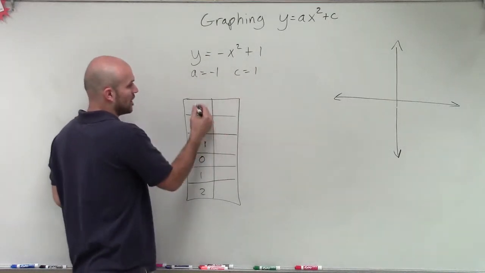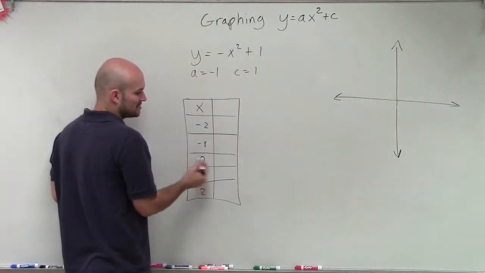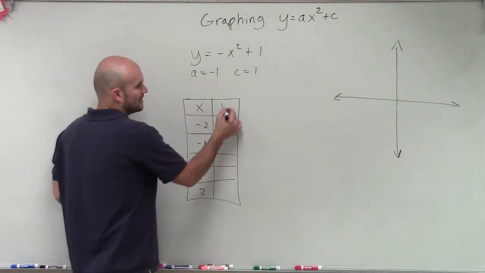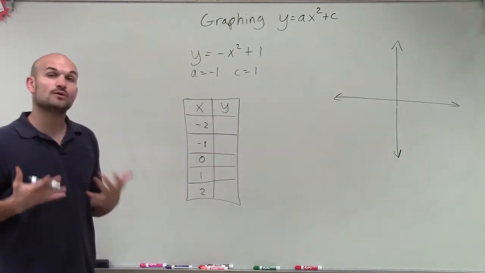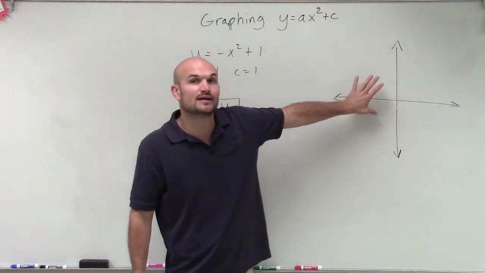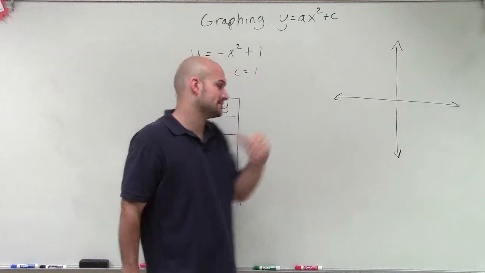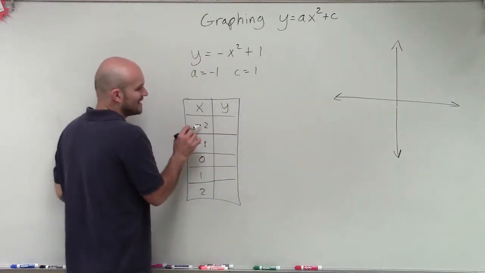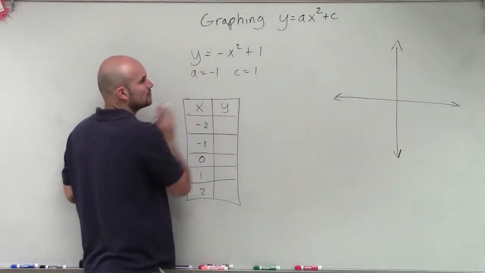Now, we chose those x values to the left and to the right of the axis of symmetry. Now we need to figure out what the y values will be for these x coordinates, because remember, every point on a quadratic has an x and a y coordinate. So if the x coordinate is -2, what is going to be the y coordinate?